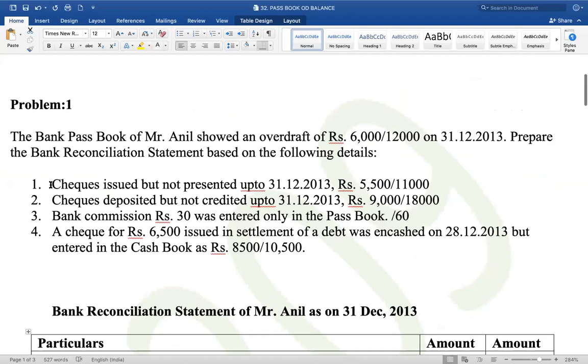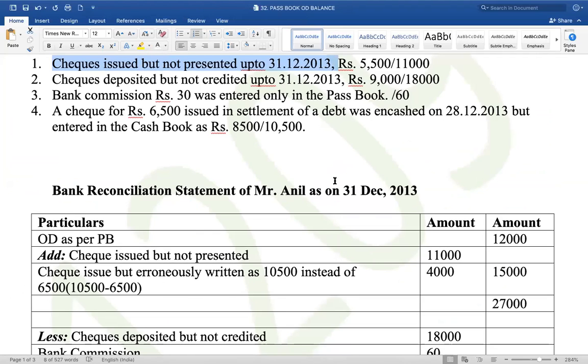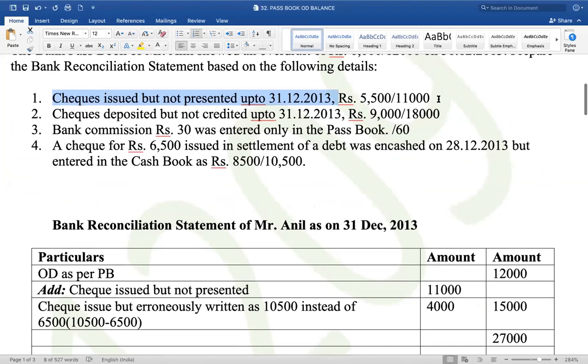Number 1, checks issued but not presented, 11,000. Okay, when 11,000 worth checks are issued, what happens to your overdraft? Generally, already you have an OD of 12,000.